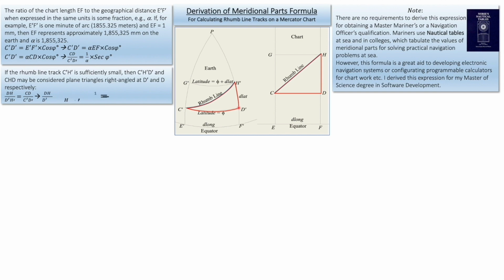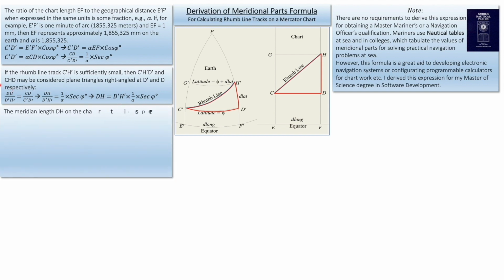Since CD over C prime D prime is equal to 1 over alpha times secant of phi, we can write this expression: DH equals D prime H prime times 1 over alpha times secant of phi. The meridian length DH on the chart is represented by a line proportional to the actual length of the meridian, multiplied by the secant of latitude.